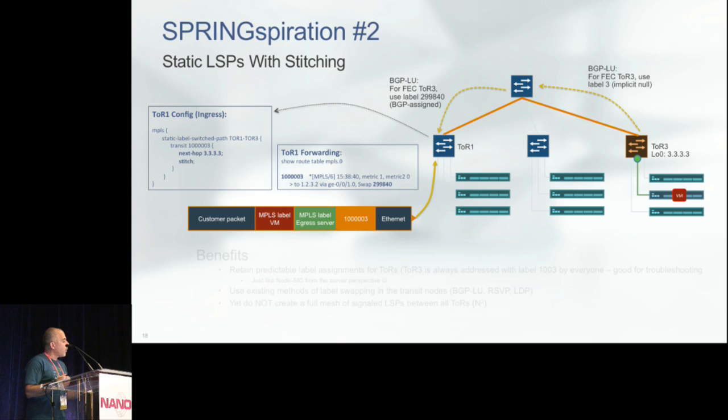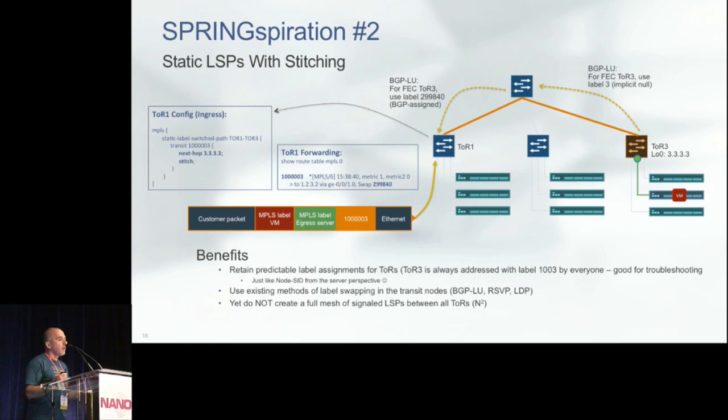Now, once I do that, I have a way of addressing this egress top of rack switch by crafting a packet just like this one. The top label of the packet is 1,000,003, and every Ingress store in this data center, or every server rather, can generate that packet.